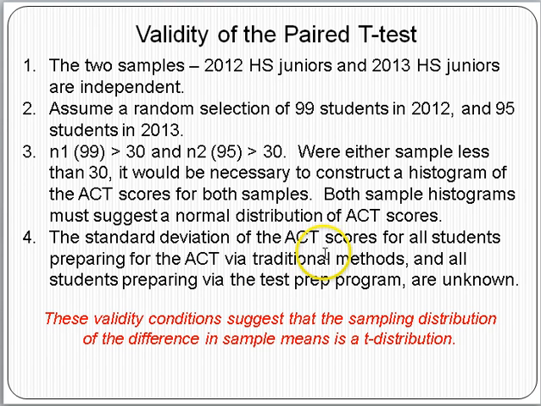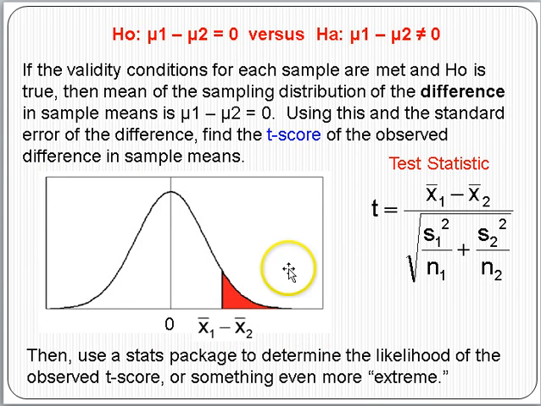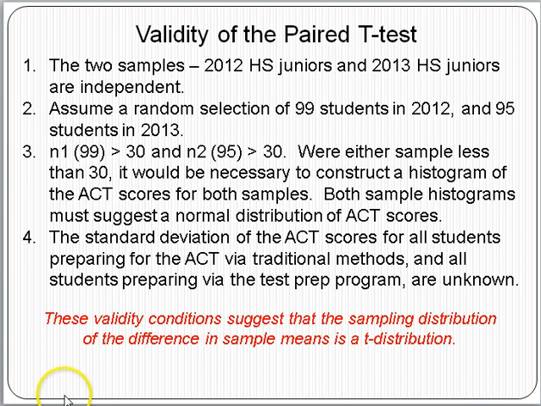The standard deviations of the ACT scores for all students preparing for the ACT via traditional methods and all who are preparing using test prep are unknown. These validity conditions suggest that the sampling distribution of the difference in the sample means is a t-distribution.